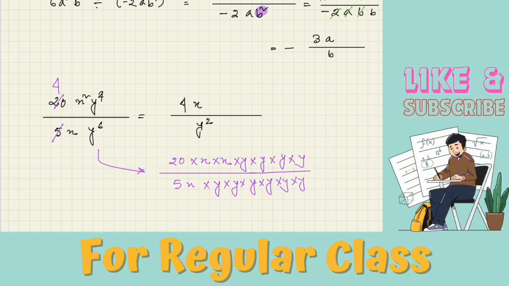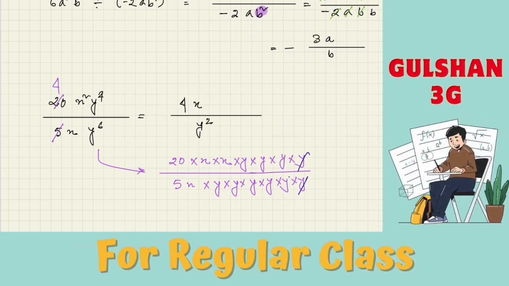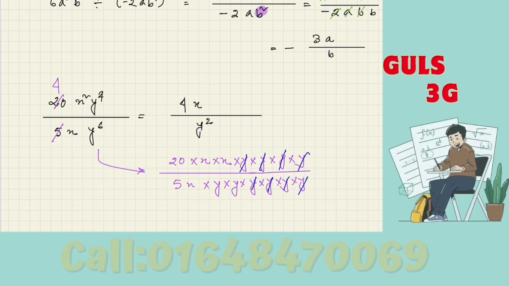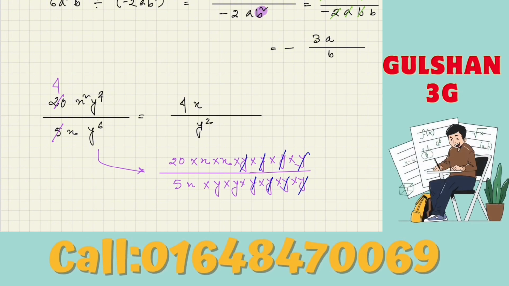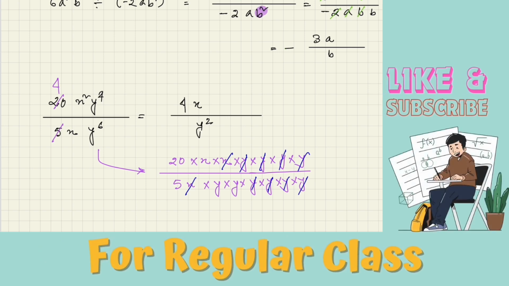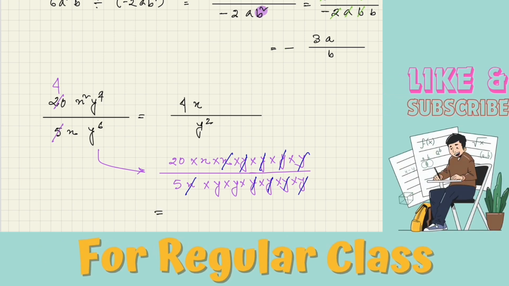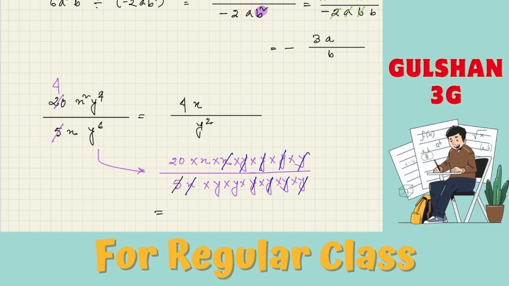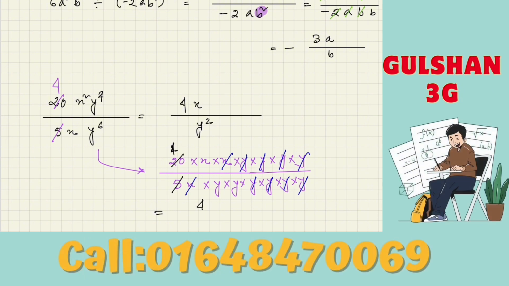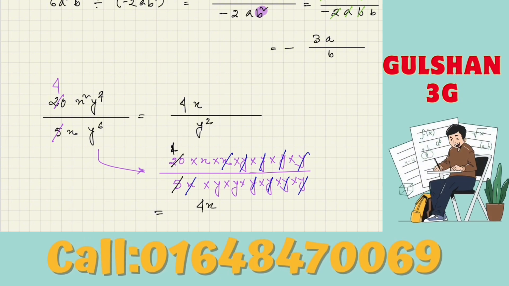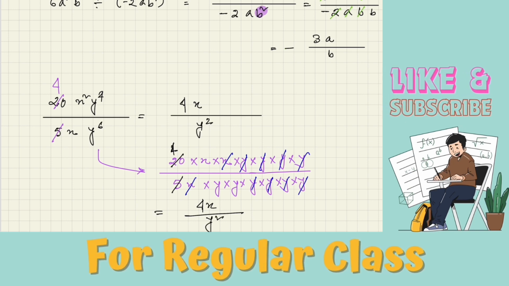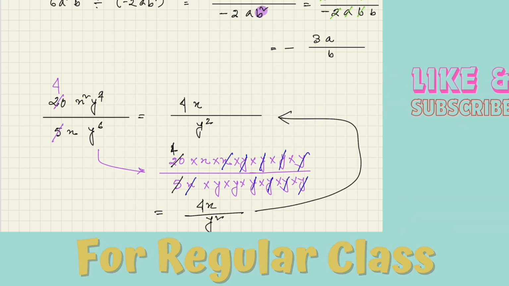If we cancel them, 1y, 1y, and so on, then the x's cancel, and if we cancel 5 with the 20, the result will be 4x divided by y square. So these two results are similar.